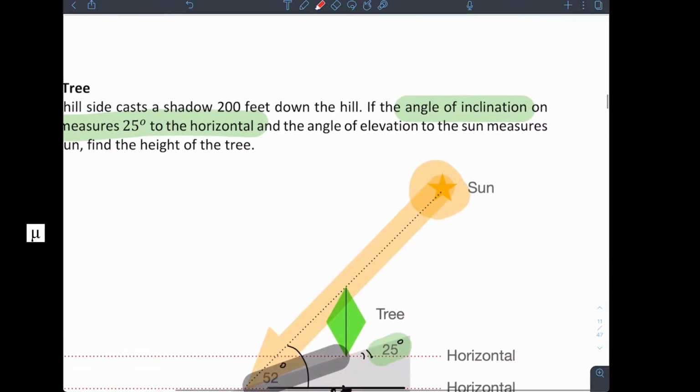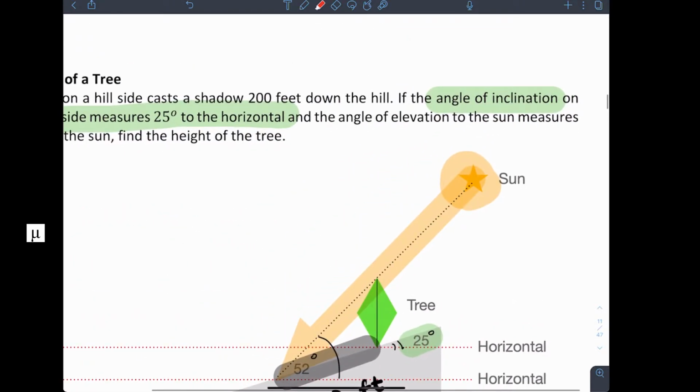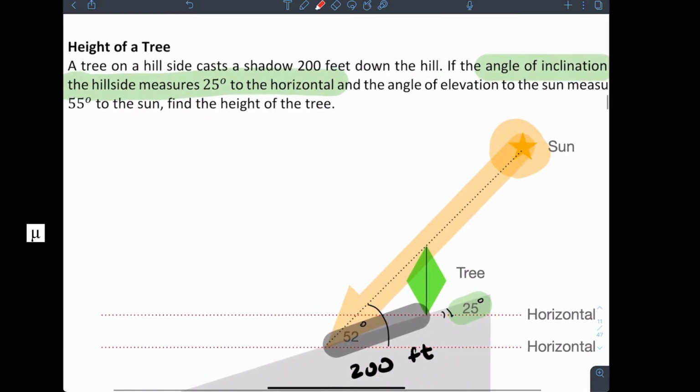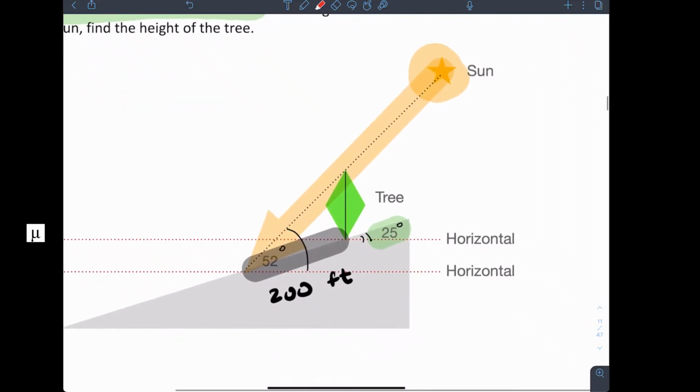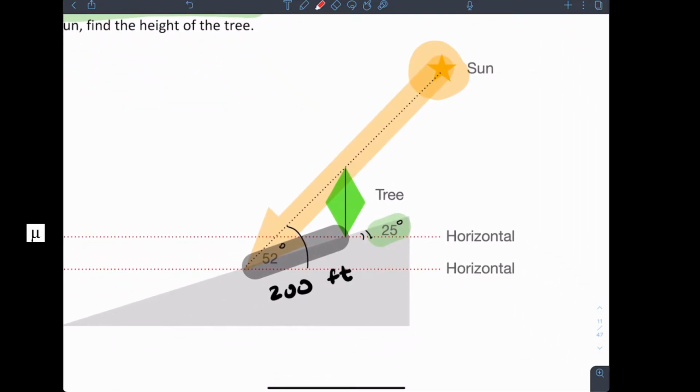Now, what else do they say? The angle of elevation to the sun measures 55 degrees. So angle of elevation to the sun, meaning you have an eyeball right here. And you have this horizontal because remember the definition of an angle of elevation. You need a what again?